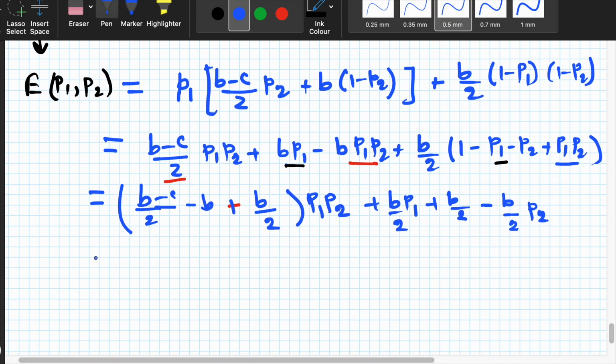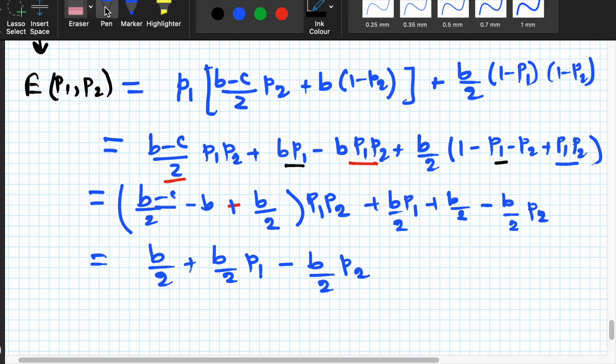So this b/2 is the constant, so these b cancel, and it is like that: b/2 plus b/2 p1 plus p1 minus b/2 p2 minus c/2 p1 p2.